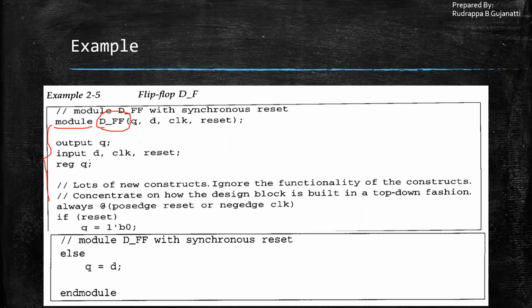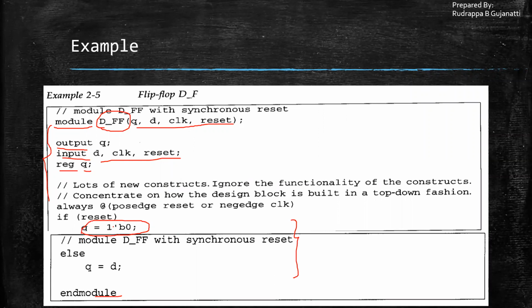Again, output is Q, input is these three things, and we have something called a register, which is Q. Don't worry about the entire syntax. Just try to see how this module is being defined. In this D underscore flip flop, we have to define all these things, which we'll discuss again later.